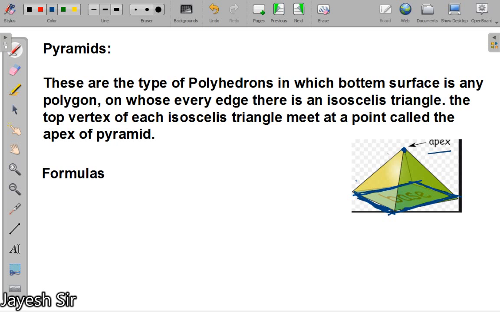All these isosceles triangles merge at the same point. That point is called apex.